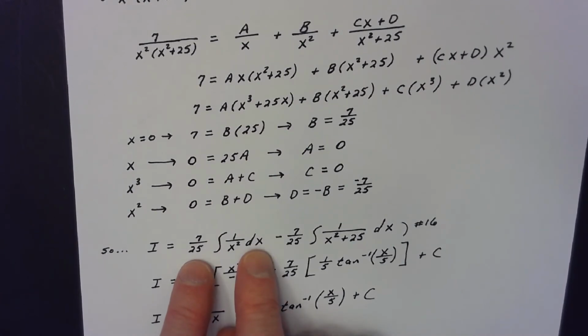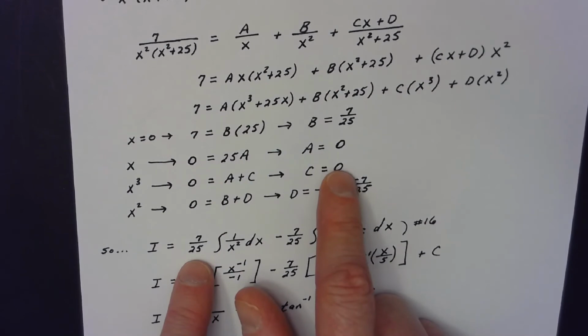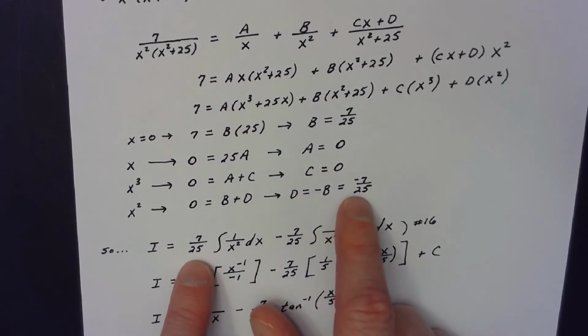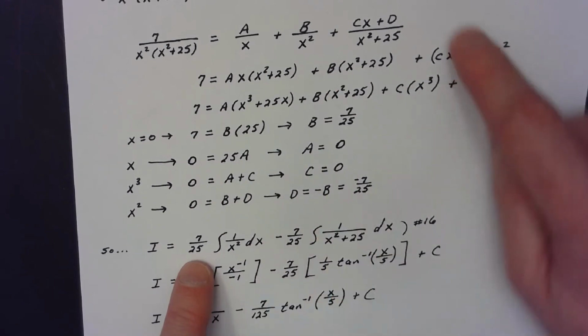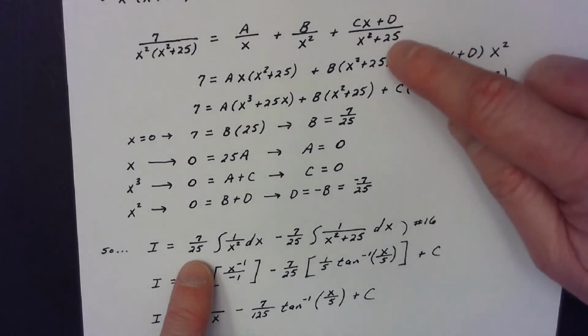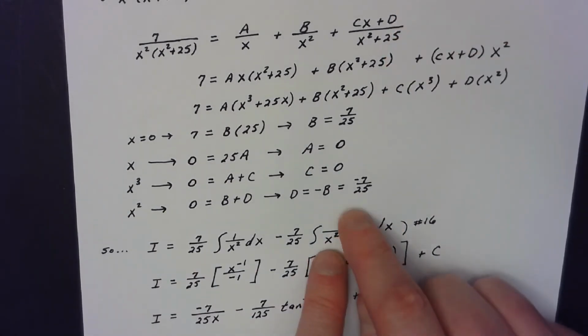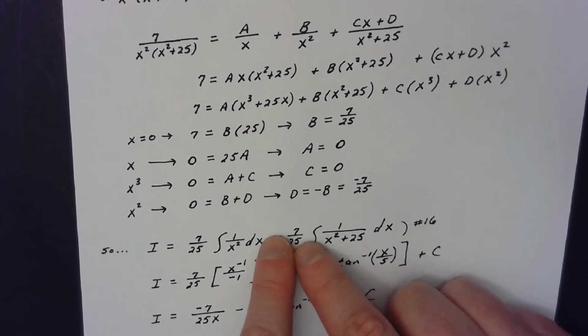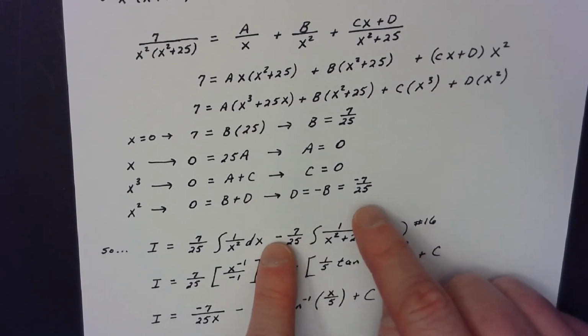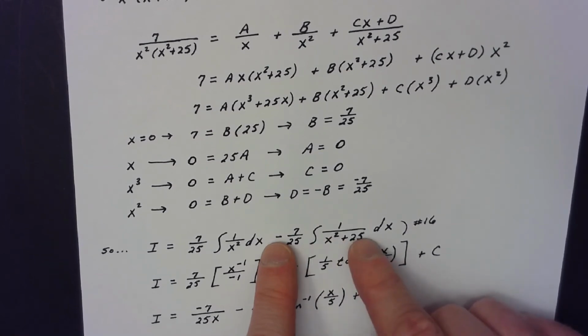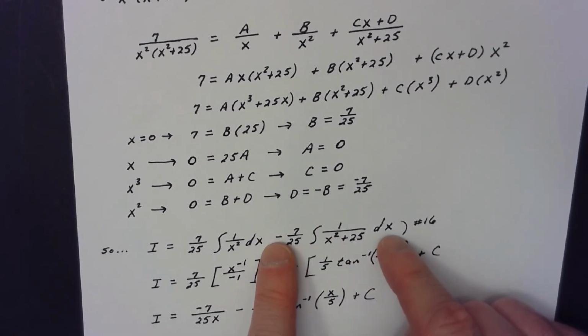And then I know that C was equal to 0 and D was equal to negative 7/25. So D is the constant term over this x squared plus 25. Please notice I went ahead and factored that out and said, well, minus 7/25 times the constant 1 over x squared plus 25 with respect to x.